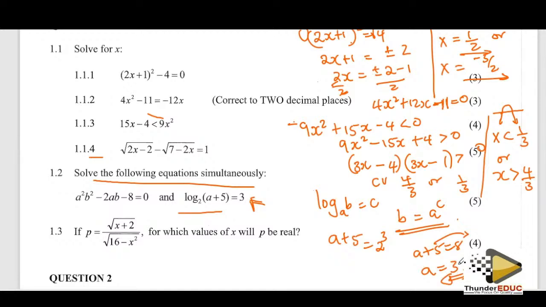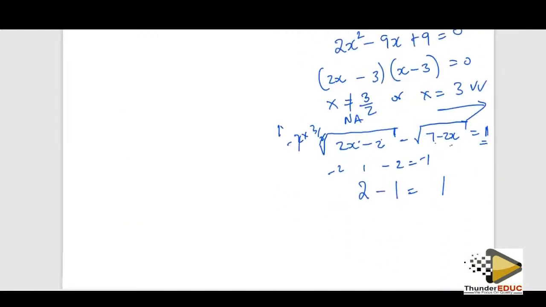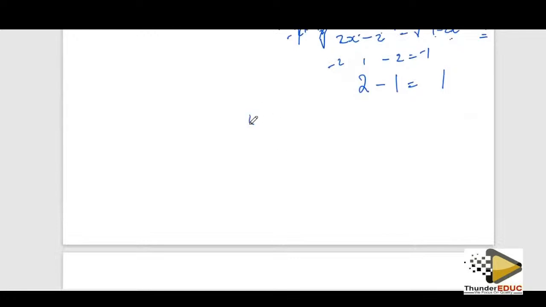So if A is 3, then I just need to substitute where there is A back into the first equation. So this is my equation 1, and this is my equation 2. I use equation 2 to determine A, which is 3. I'm just going to write it beside 1.2.